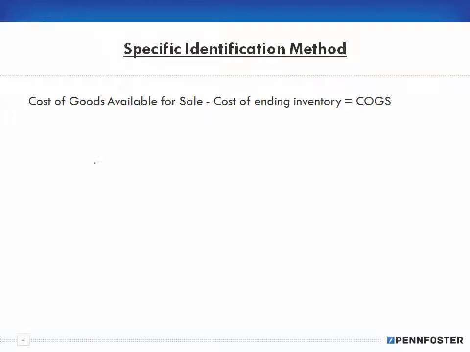With the specific identification method, it works best for big items that you don't have a lot of, okay? And just as the name implies, it's a specific identification, okay? So, the formula for it is the cost of goods available for sale minus the cost of ending inventory equals the cost of goods sold.